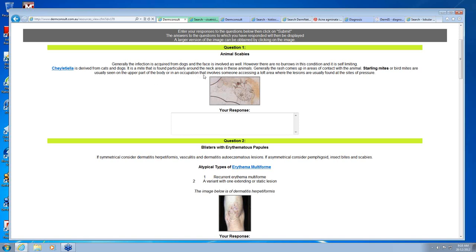And it can also be seen as an occupational hazard if someone is accessing a loft area. And this is interesting. The lesions here are usually found at sites of pressure. I'm not sure if I can give you a good explanation of that.